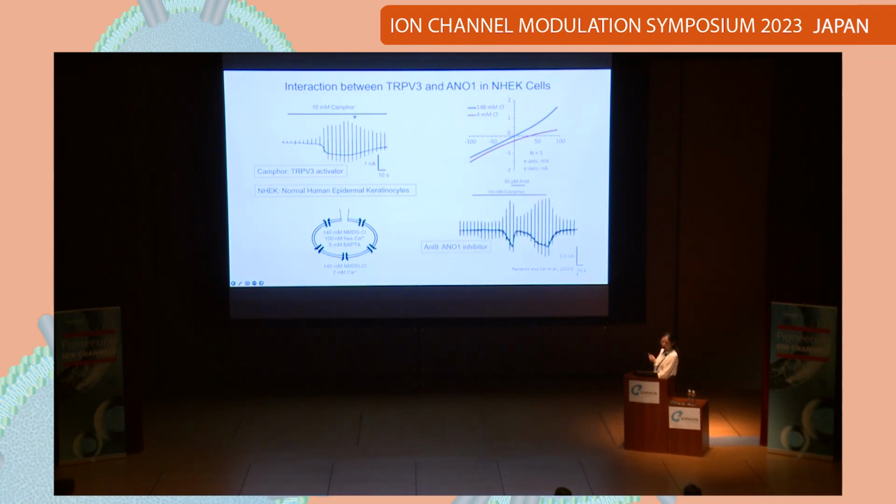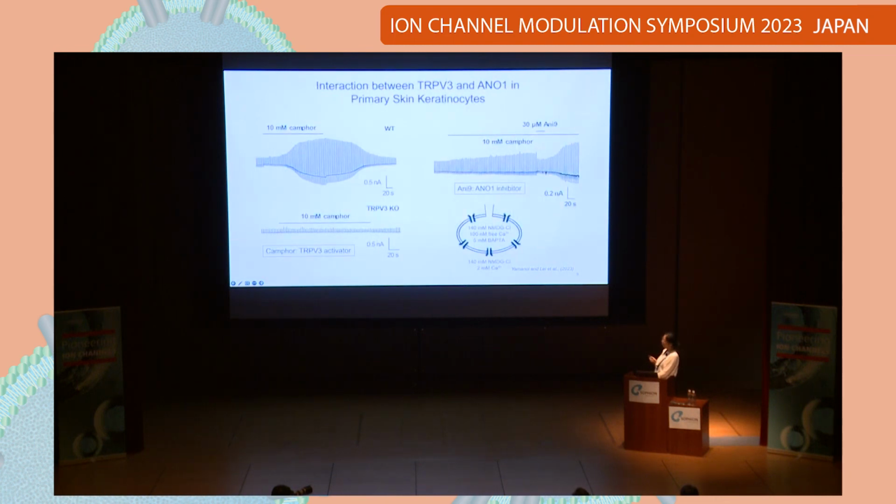In addition, the ANO1-specific inhibitor inhibited the camphor-induced chloride current. This suggests the interaction between TRPV3 and ANO1 in human keratinocytes.